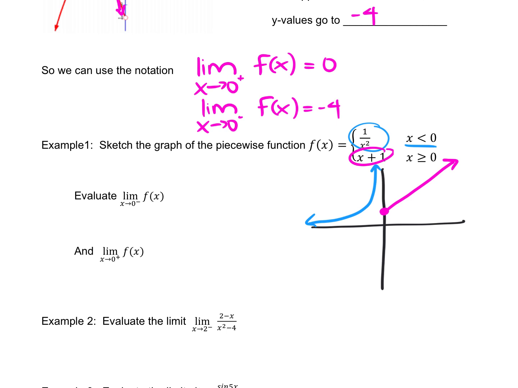Okay, so a little plug for your prerequisites packet. If you know your parent functions, some of this stuff comes very quick and easy, and it should. And then we can quickly say, all right, what is the limit as we approach 0 from the left? What would we say? As we track in from the left and approach 0, where is it headed? You could say does not exist.